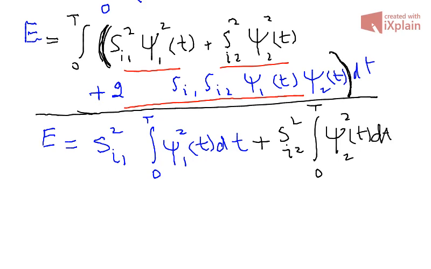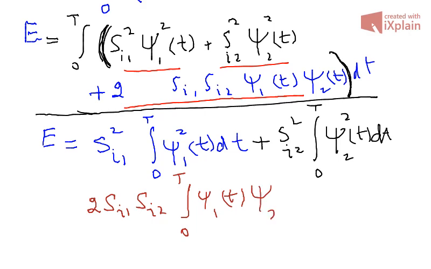The third one, let me write the third one as well, and this will be 2 times s_i1 s_i2 integral from 0 to T of psi1 of t psi2 of t dt, right? Specifically I'll write this one. So these are the 3 terms, and we need to find out this integral.